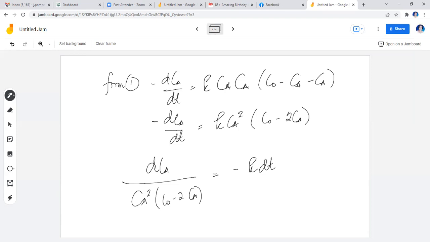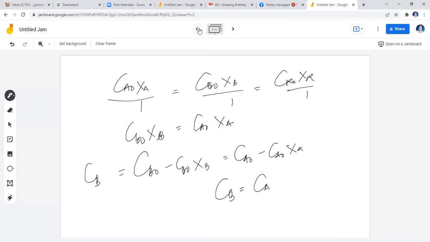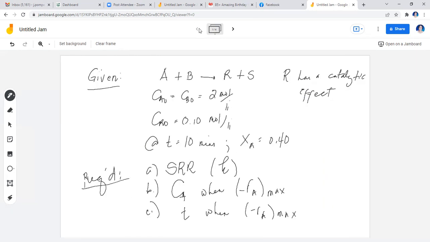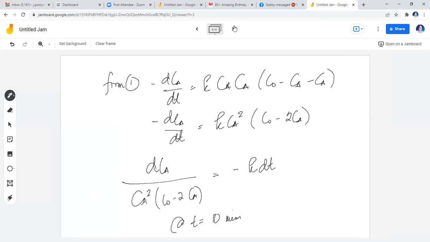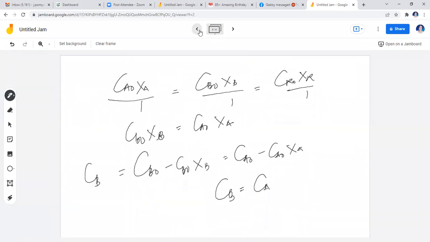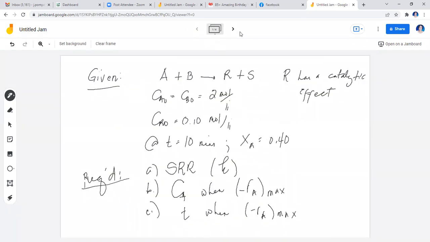And we can use the given information in the problem that at t equal to 10 minutes, you have 40% conversion of A. So if you have 40% conversion of A, C sub A then would be CaO times (1 minus 0.4), with the CaO equal to 2.